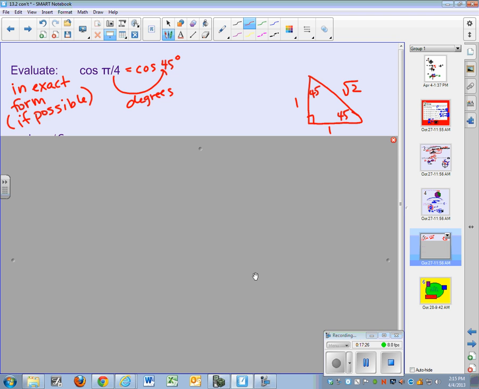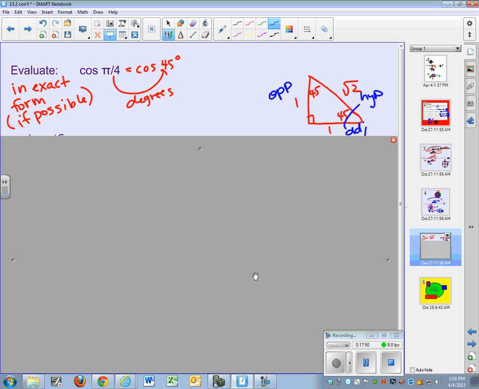And we can use this triangle to evaluate the exact value of cosine of 45. So I'm going to use one of these two angles, and it doesn't matter which one, as my reference angle. Then I'm going to label the sides accordingly. So over here, this would be the opposite, adjacent, and hypotenuse.